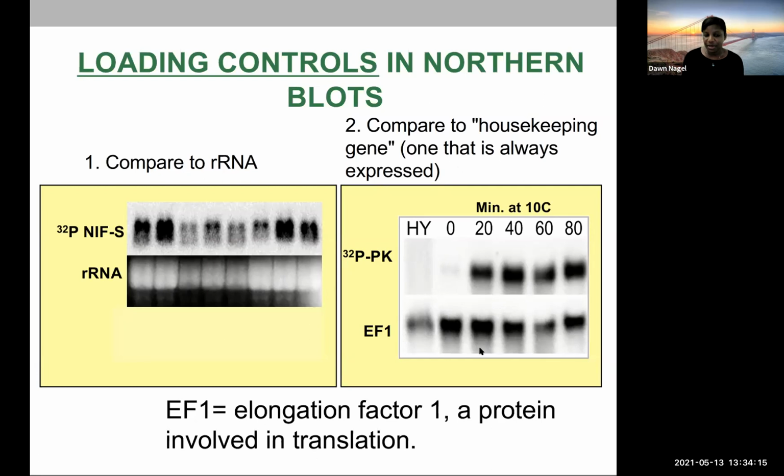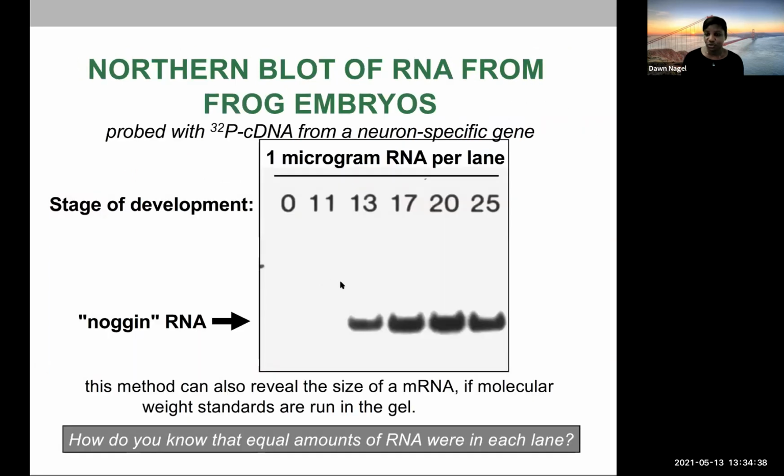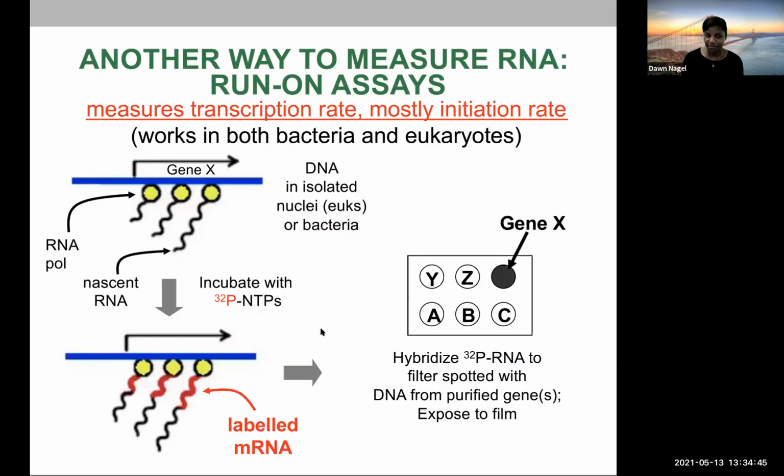In many cases, people use EF1, which is an elongation factor involved in translation, because it's an important gene and it's always on, because you need to have it around to be able to translate your mRNAs. So you need to have these loading controls to tell whether or not the difference that you're seeing here is not because you forgot to load samples here. Okay, so that's kind of what you need to do.